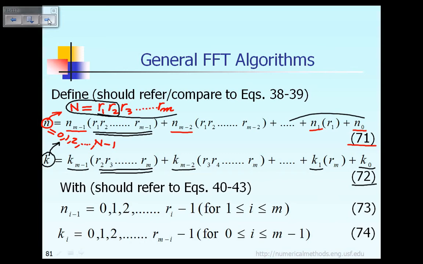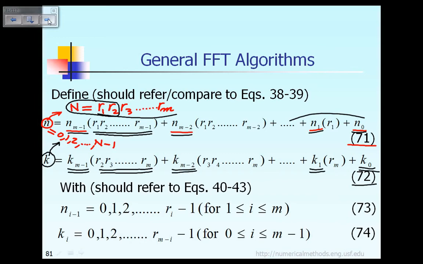So, for example, R1, R2, R3, R4, up to Rm, they are given because you know the value of capital N, it comes from those R. Now, the question becomes, what is the range of value that you can have for N0, N1, N2, Nm minus 2, Nm minus 1? Or similarly, what is the range of value you can have for K0, K1, K2, and so on, Km minus 2 and Km minus 1?